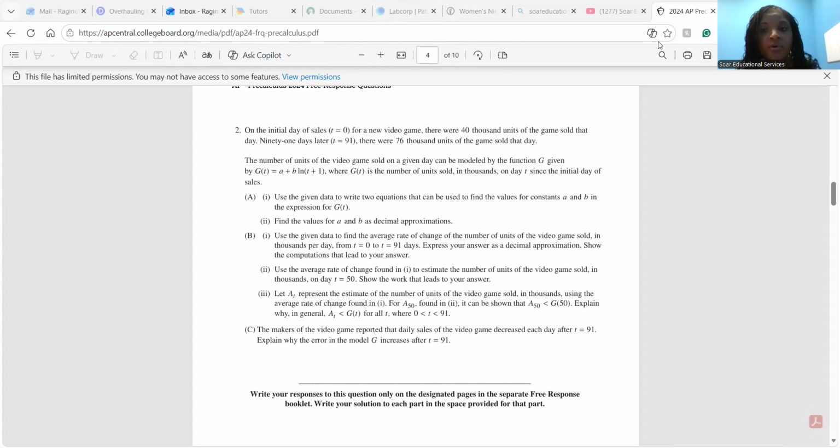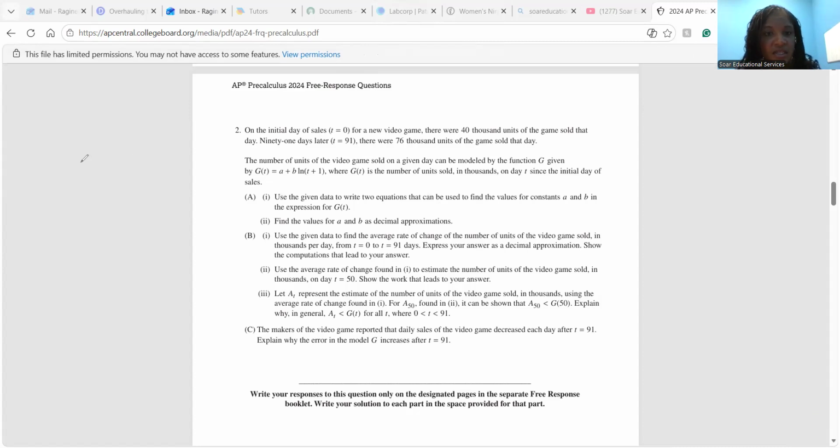So for part one, we're going to write our equations. We'll start with day 0, when 40,000 units were sold. So we're just going to write 40 for simplicity equals A plus B natural log of 0 plus 1.